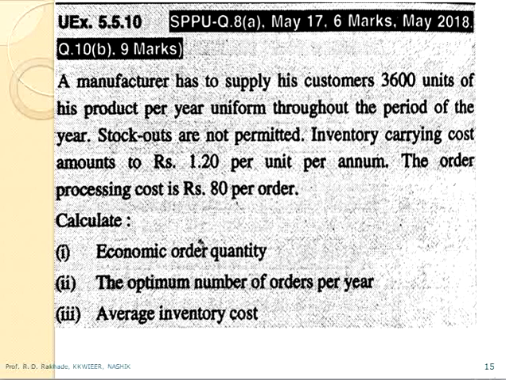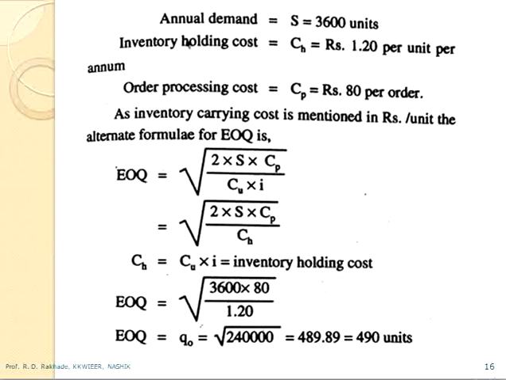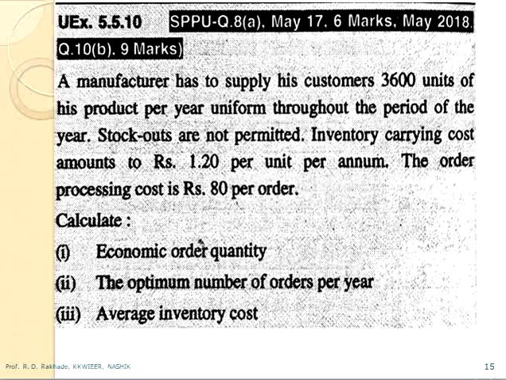So move towards the next question, asked in May 17 for 6 marks and May 18 for 9 marks. Given in the problem, a manufacturer has to supply its customer 3,600 units, that is S equal to 3,600, of his product per year, uniform throughout the year.